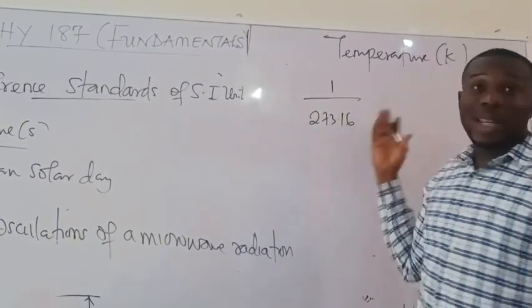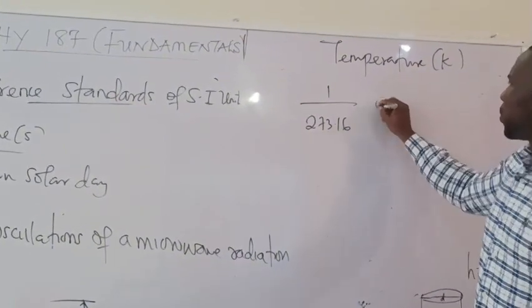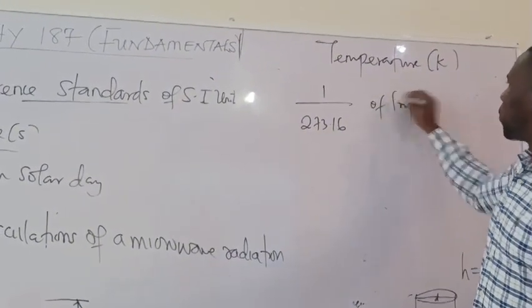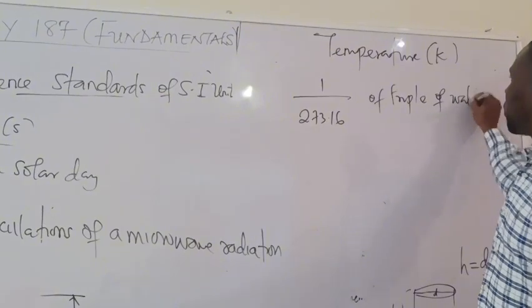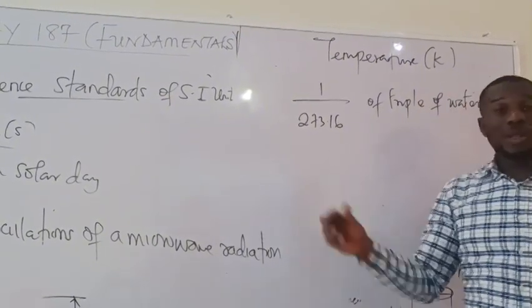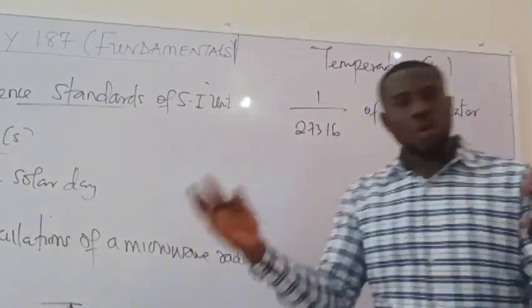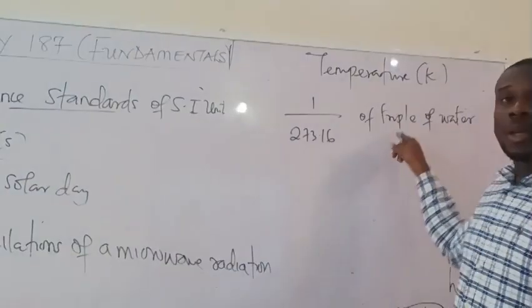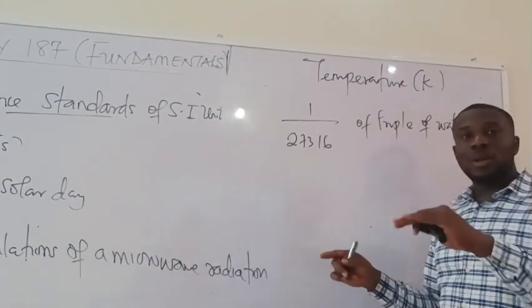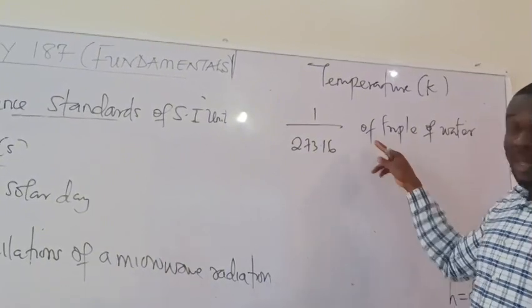And of course, the triple point of water is simply that temperature and pressure in which the three phases of water coexist. In other words, you can't really distinguish which is which. Either it's liquid, solid, or the gaseous phase of water at the triple point.